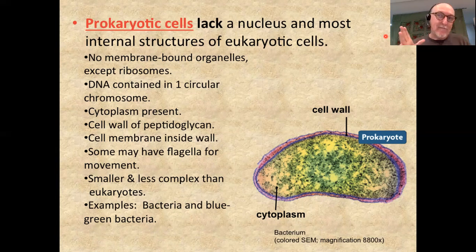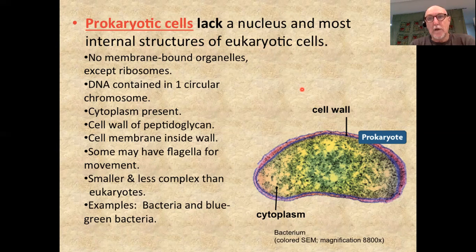They do not have membrane-bound internal parts, like organelles, etc. Those do not occur in the prokaryotes. No membrane-bound organelles. The most prominent organelle in the eukaryote cell, in the higher cells, is the nucleus. You will never see that in a prokaryote because they don't have organelles. They only have a cell membrane around the outside of the cell, which describes the cell.